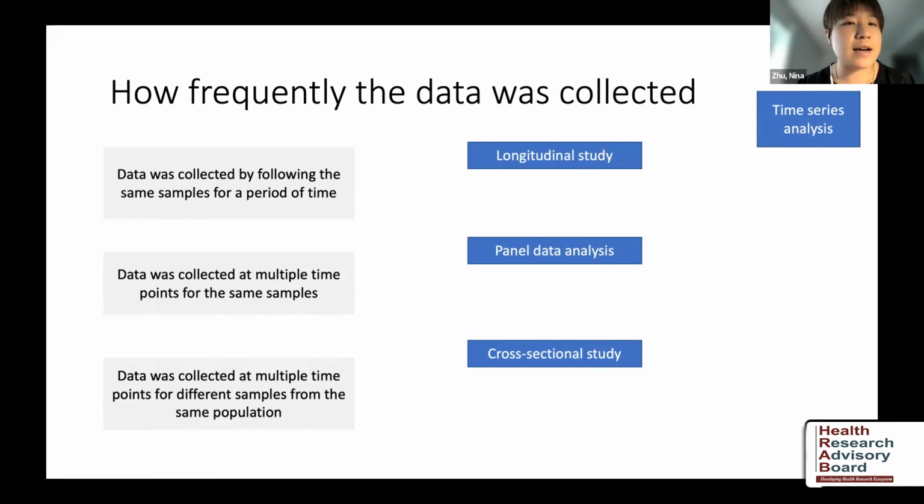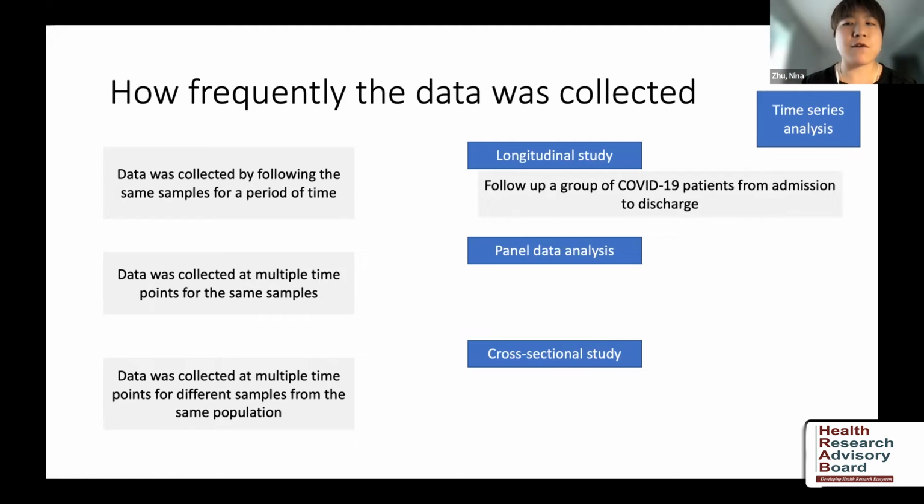Also, we can separate studies based on how often the data was collected. If the data was collected by following the same samples for a period of time, we call it a longitudinal study. For example, you can follow up a group of COVID-19 patients from admission to discharge. You follow them every day, and they are the same samples in the study cohort. Or if the data was collected at multiple time points for the same population, we call it panel data.